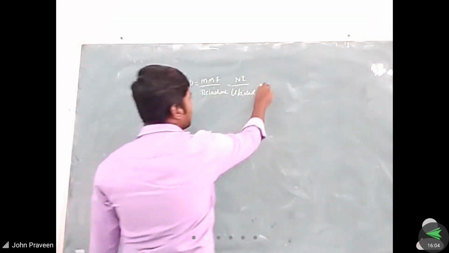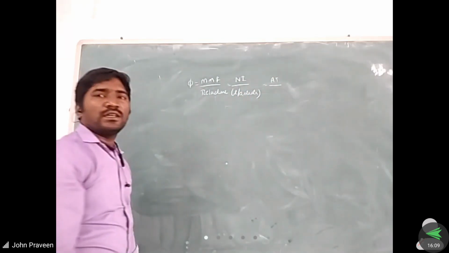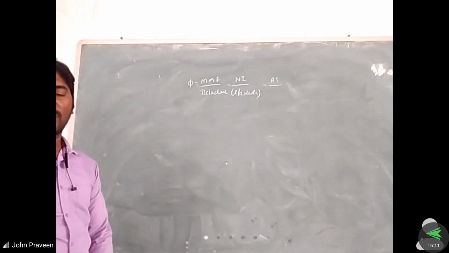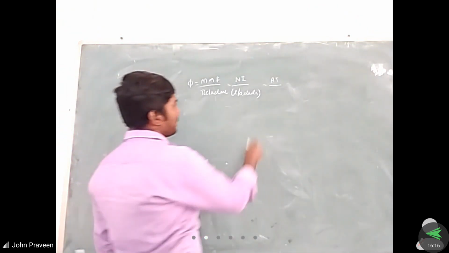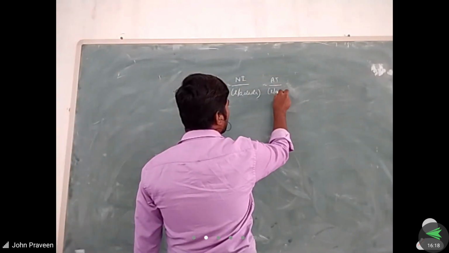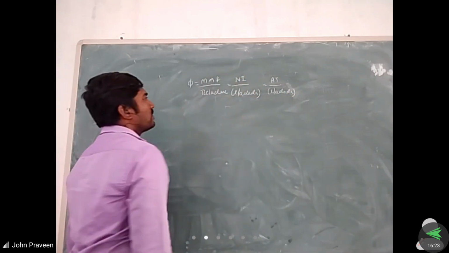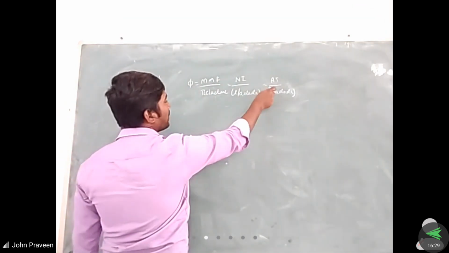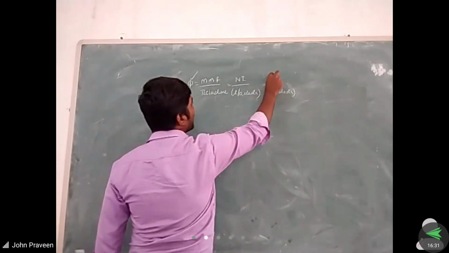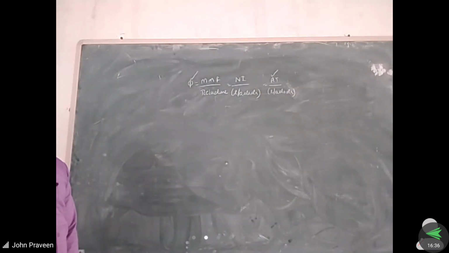The unit of N I is ampere turn, but reluctance does not have any units, so as usual it is just L by A into mu naught into mu r. We are just equating the units, so phi is equal to ampere turn per L by A into mu naught into mu r.